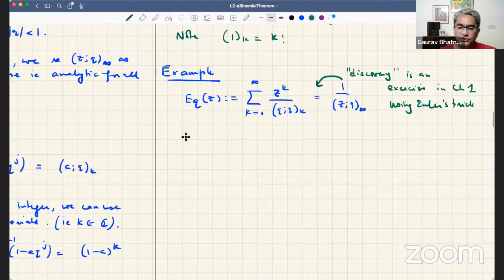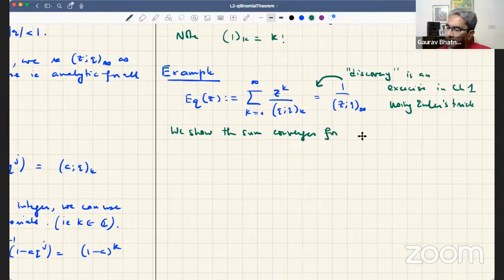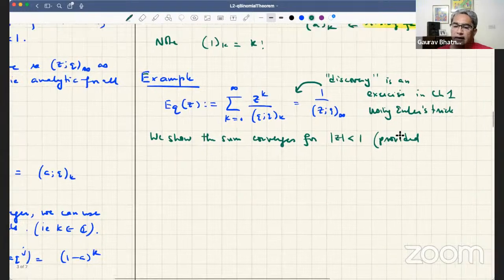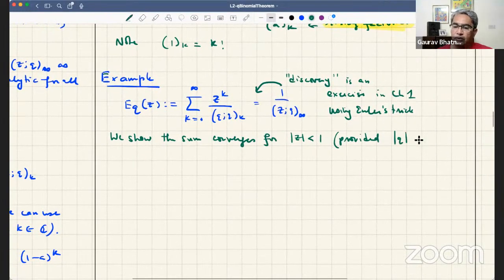So what we'll show is that this sum converges for absolute value of z less than 1, provided absolute value of q is less than 1.